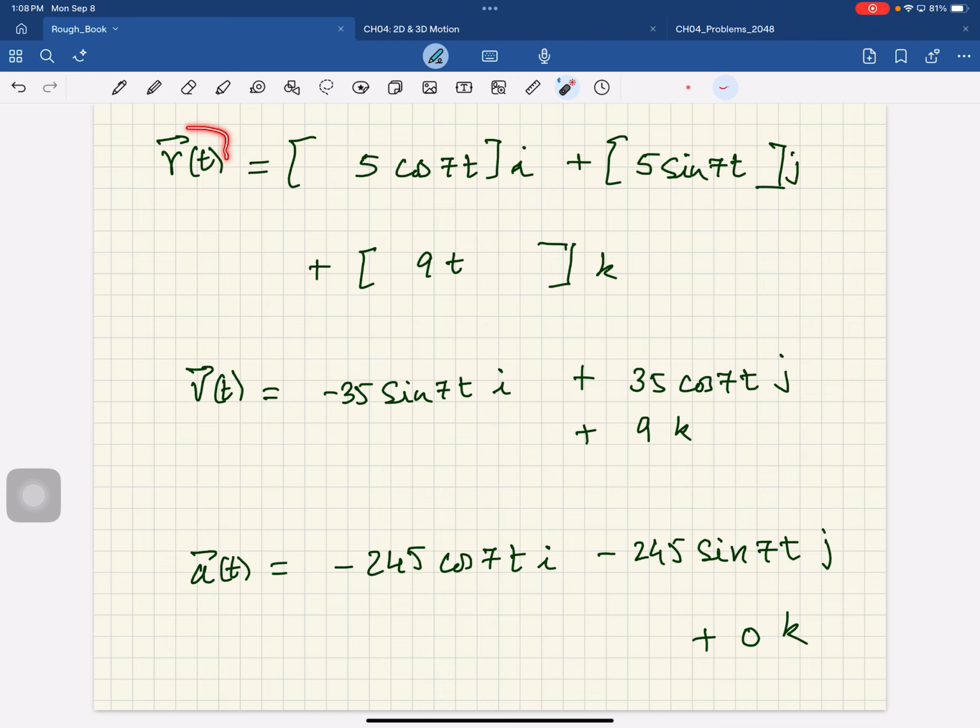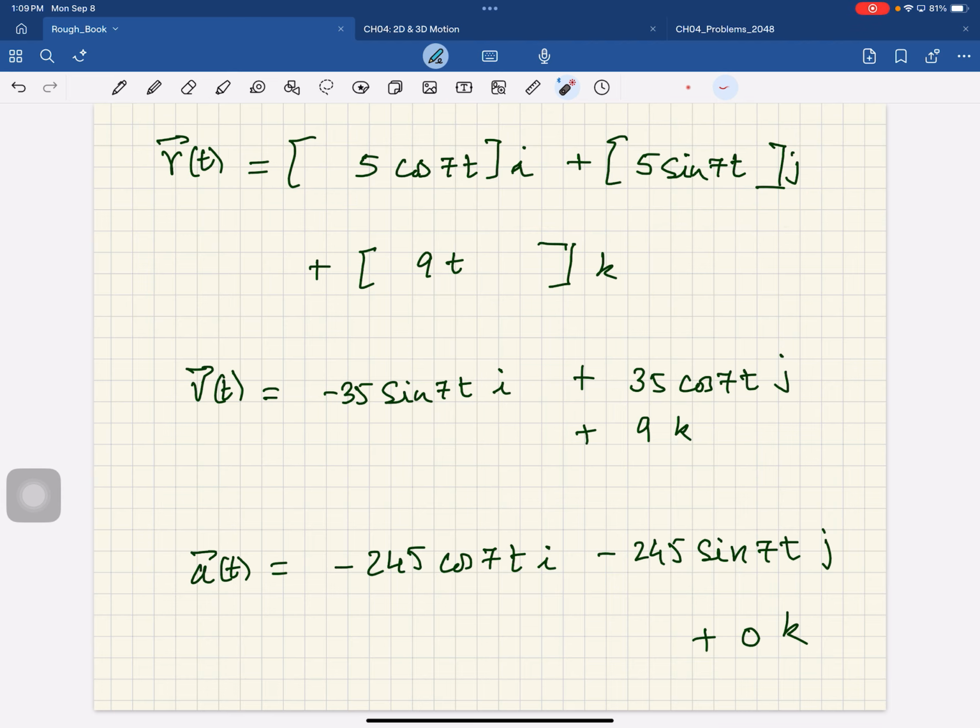Somebody described a motion to you, and we learned how to calculate the velocity and your acceleration. So we started off by doing a general 3D motion, and now we're going to specialize to a two-dimensional motion.